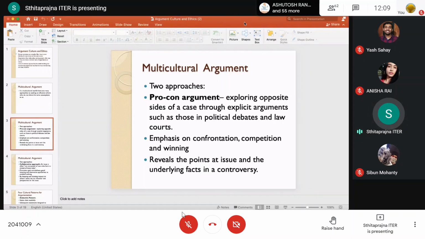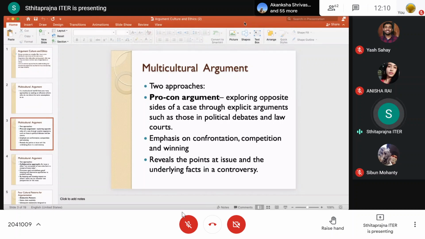But the positive side of the pro-con argument is that it reveals the underlying facts in a controversy. So when you are using the pro-con approach to argument, you also reveal the different facts around the controversy.